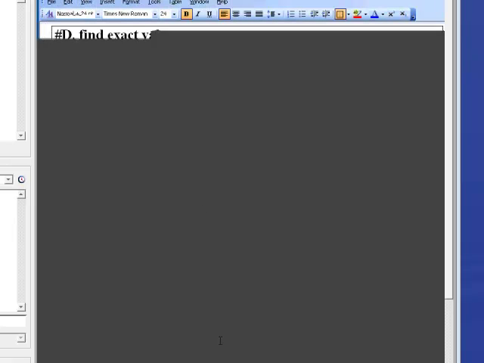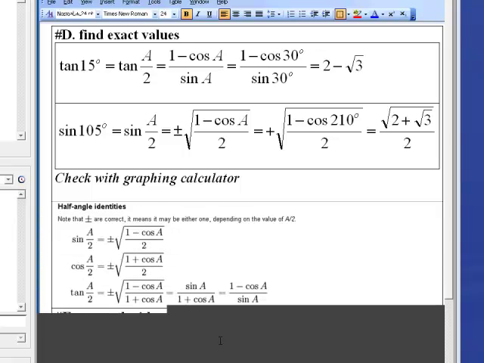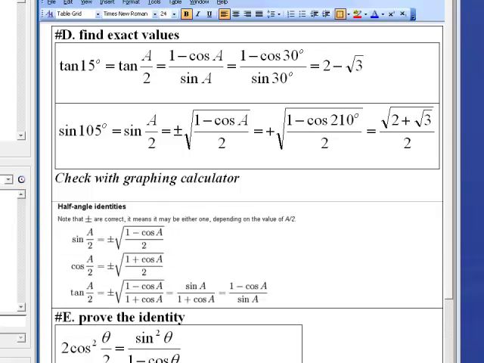Okay, prove these two identities. First one is 2 cosine squared theta over 2 equals sine squared divided by 1 minus cosine. Wow, that looks quite a thing here.